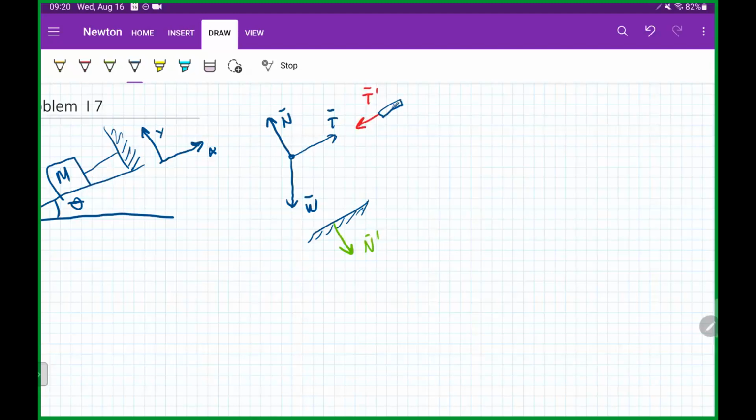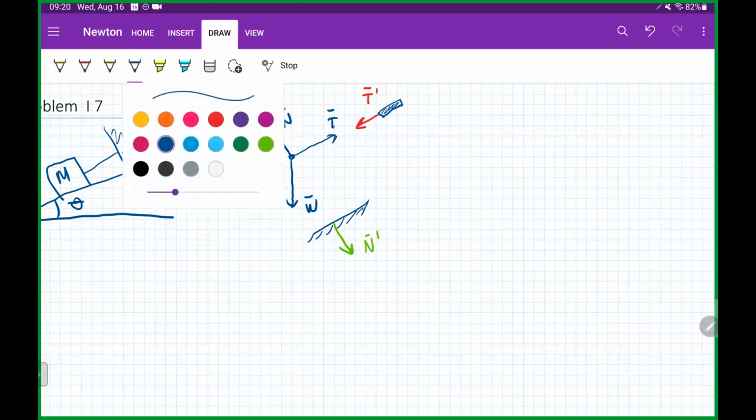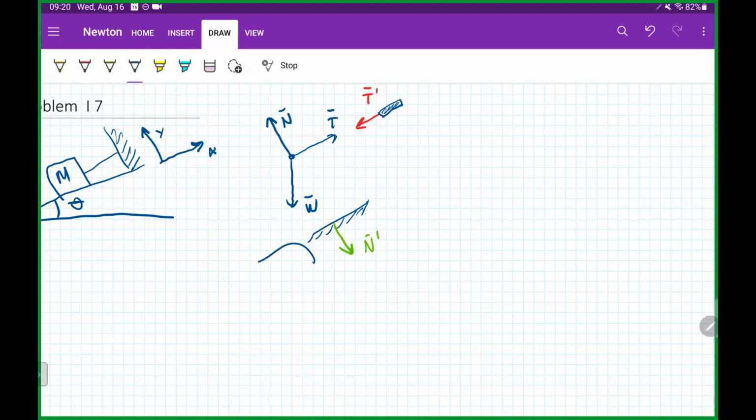So let's say this is the rope here. All right. And let's not forget about the weight. Every time I do this, this is the earth. Let's use another color. That would be weight prime. So those are all the action reaction pairs that the problem is asking for in question 1.